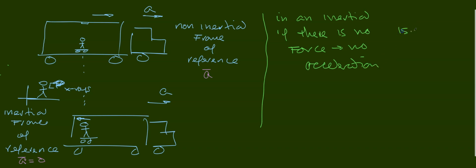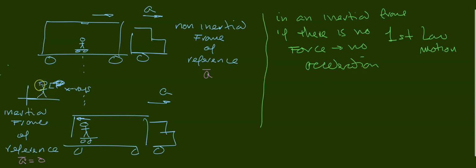And this is the first law. First law of mechanics. My goodness. This is the first law of mechanics. The first law of motion. Newton's first law. In an inertial frame, I didn't write that. If there is no force, there is no acceleration.